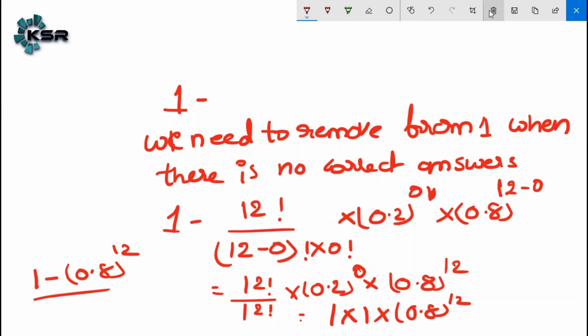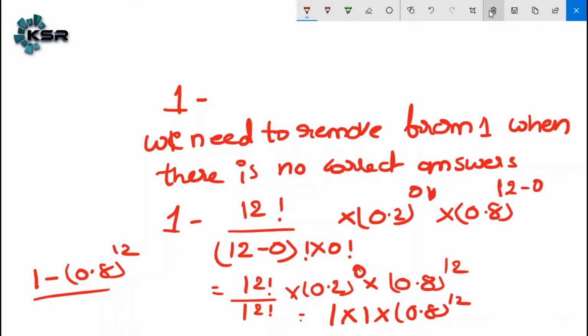We remove only the 0 case. Total probability is 1, so when adding up all the cases it should equal 1. We only remove the 0 portion, and the remaining portion is my probability value.